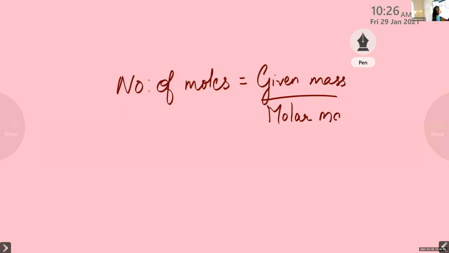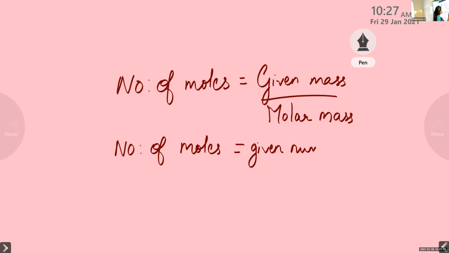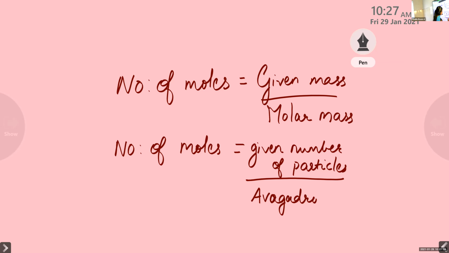Then this number of moles can also be found using the number of particles. So the given number of particles divided by Avogadro number. This is the second equation.